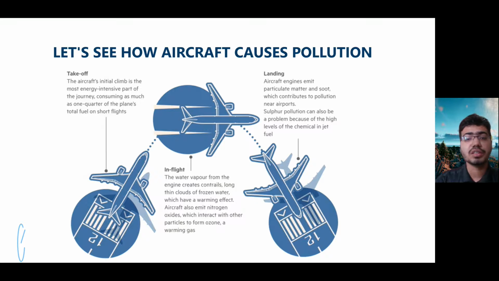During landing, aircraft engines emit particulate matter and sulfur, which contribute to pollution near airports. Sulfur pollution can also be a problem because of the high level of the chemical in jet fuel.